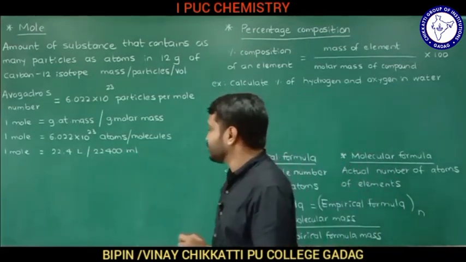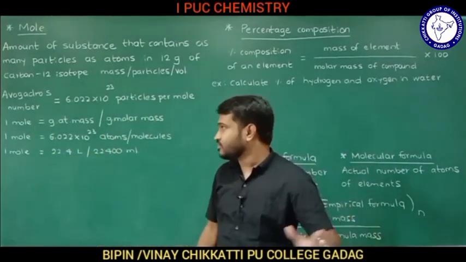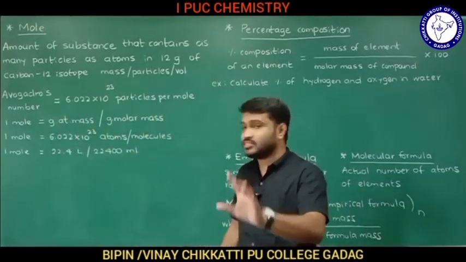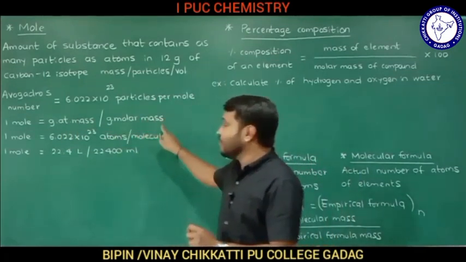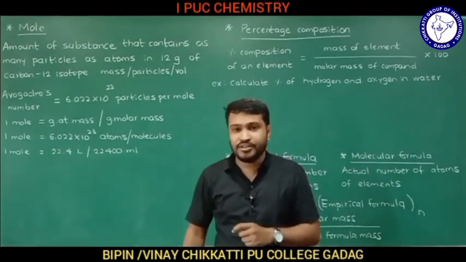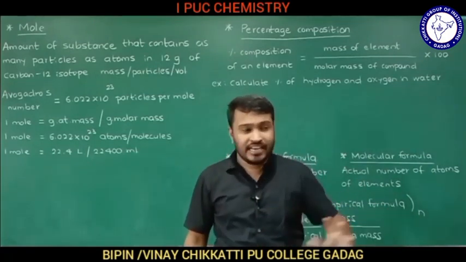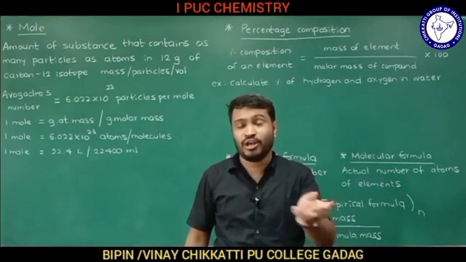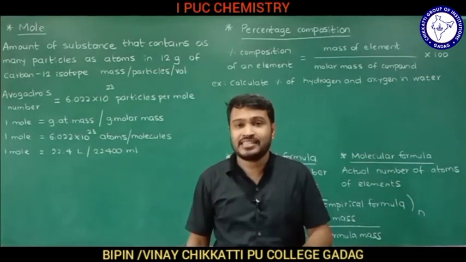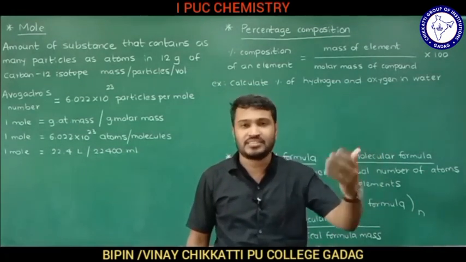So the first one stands for 1 mole of any substance. In general, 1 mole of any substance is equal to the gram atomic mass if the original substance is an atom, and the gram molar mass if the original substance is a molecule. Try to note that I have used almost similar terms: molecular mass, formula mass, and molar mass. In the previous example I discussed molecular mass as the sum of atomic masses, and in the example of sodium chloride I said it is formula mass, because it is not discrete; an infinite number of Na plus and Cl minus ions are present.